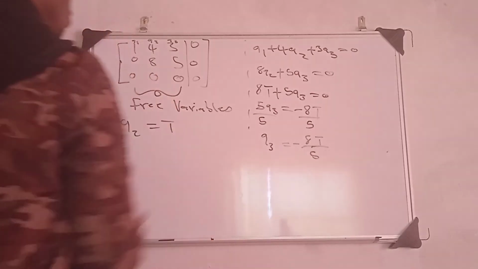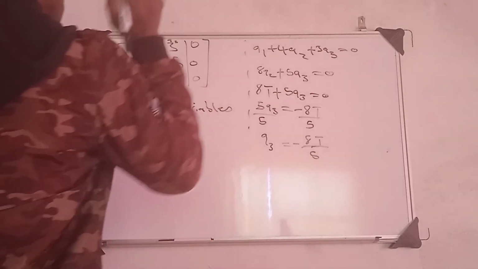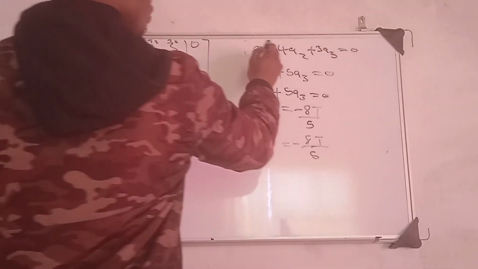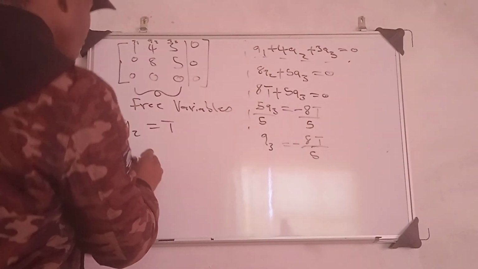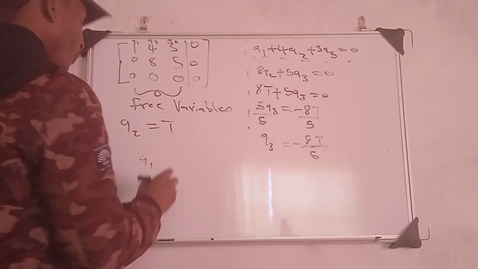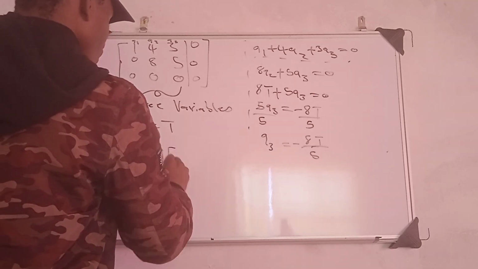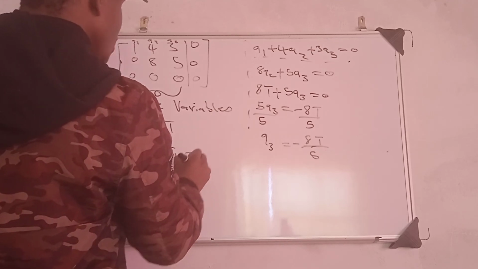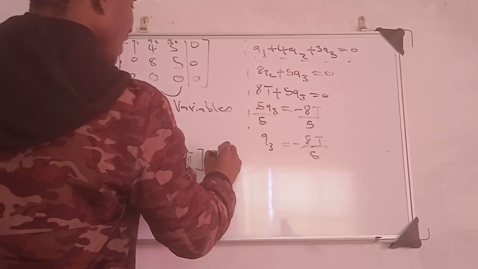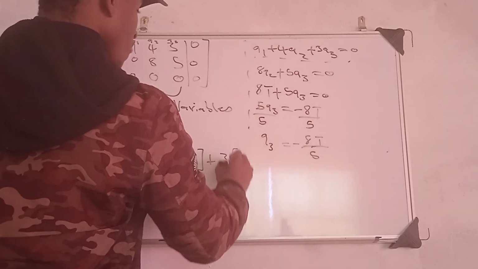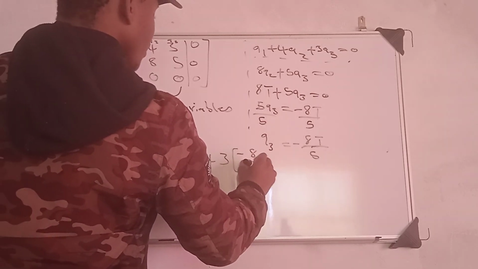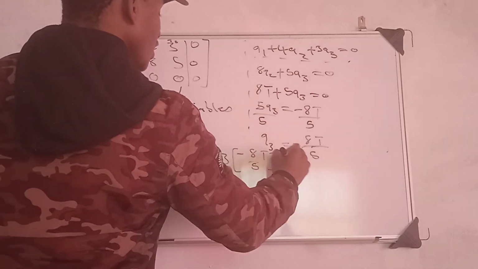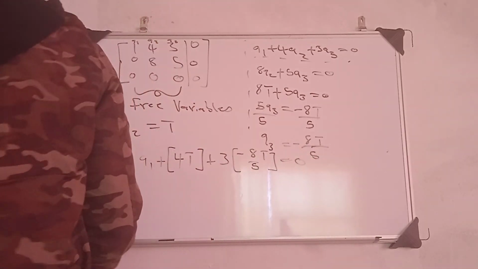So I'm having a3 and I'm having a2. So I can just substitute a2 and a3 into this equation. So since I'm having a1, this is my a1, plus 4, but what is my a2? It's t, so 4t, plus 3 times minus 8 over 5 t, equals 0.